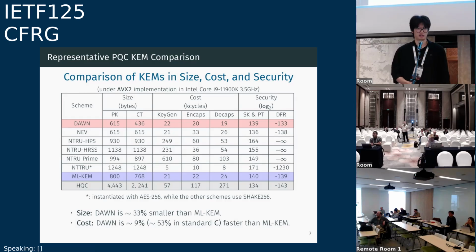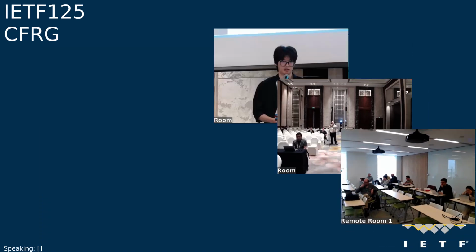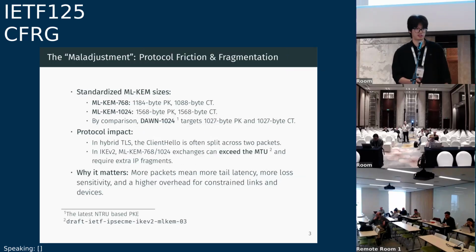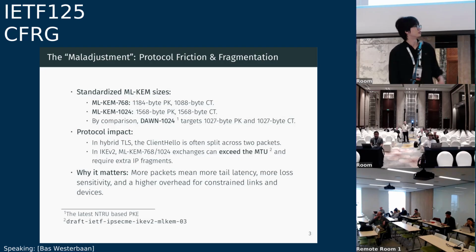Okay, currently Dawn only has parameter sets for the NIST first security level and the fifth security level, as we showed before. Even for the NIST fifth security level, Dawn 1024 is still smaller than ML-KEM at the NIST third security level. Yes, it's smaller, but the difference is not worth it for a migration, right?